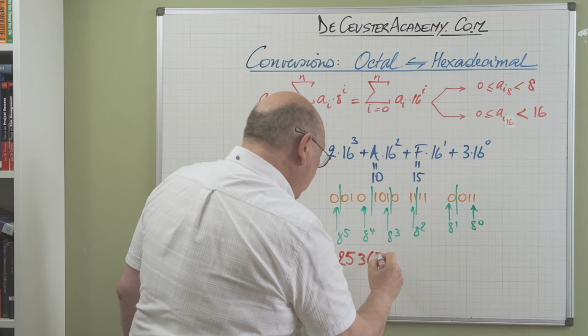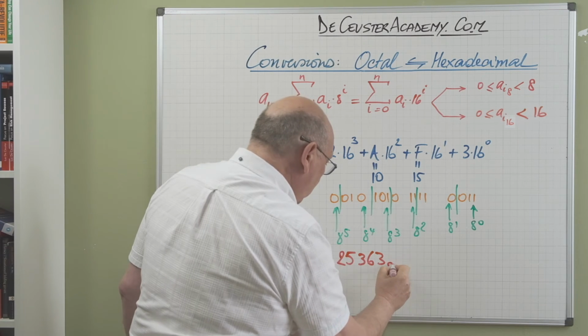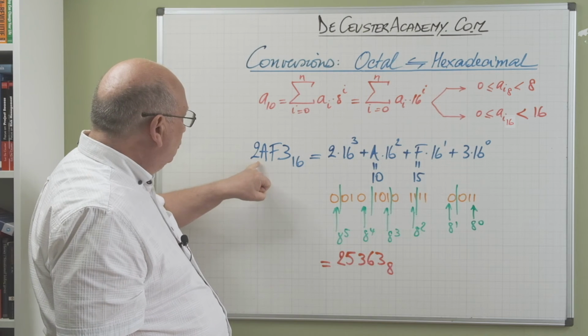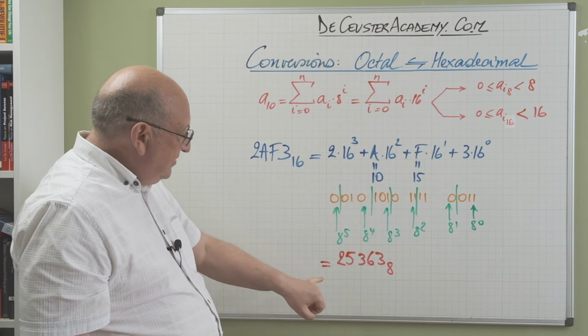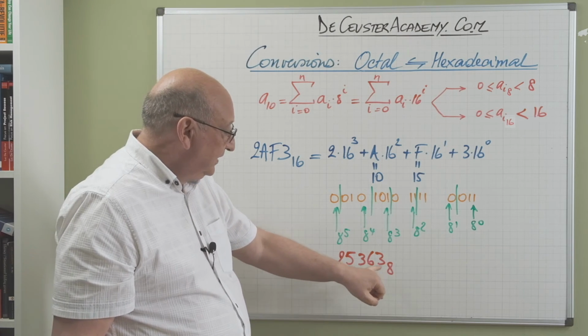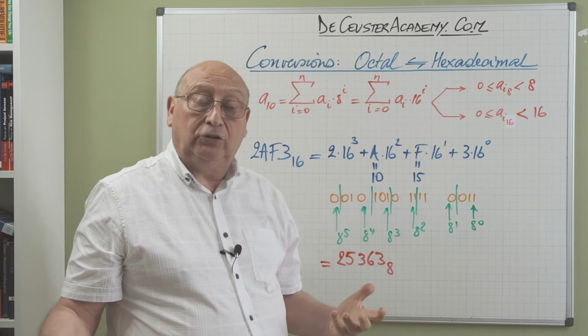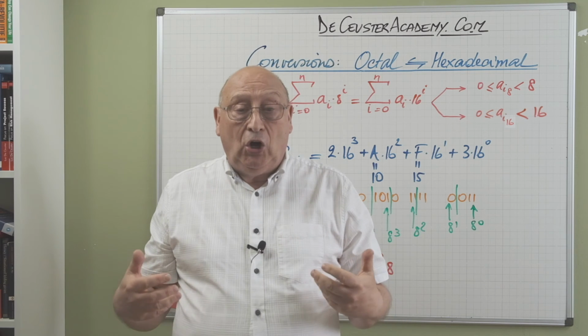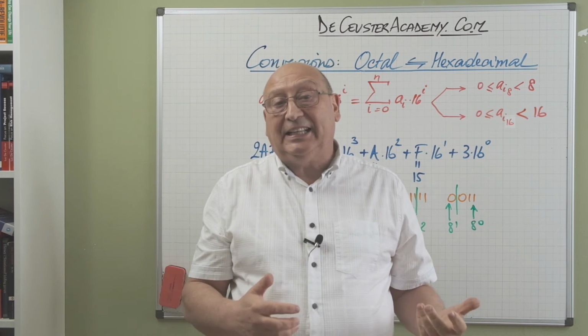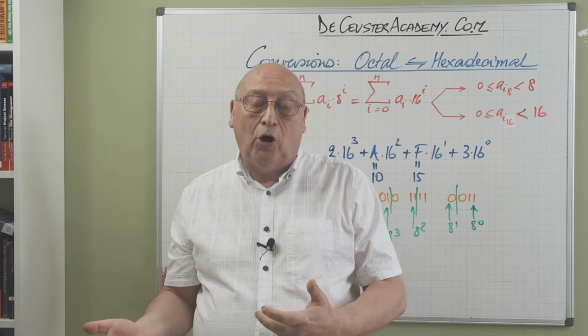And the last one is 3 in octal notation. So the hexadecimal number 2AF3 is equivalent to the octal number 25363. So those were the exercises related to conversions from hexadecimal to octal.